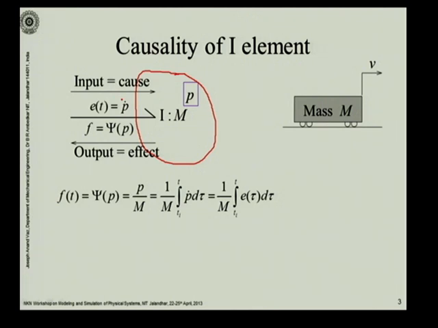So if you write it like this in terms of output, you can see that you have the output which is flow. Flow can be written as a function of the momentum. In the case of the mass, when we consider Newtonian mechanics, we consider it as a linear function of the momentum.